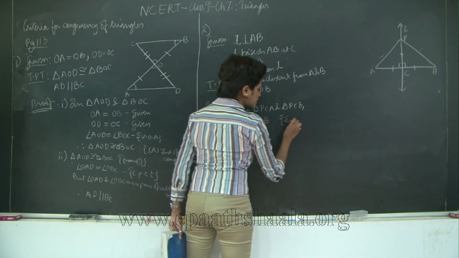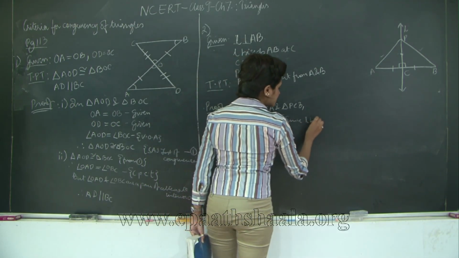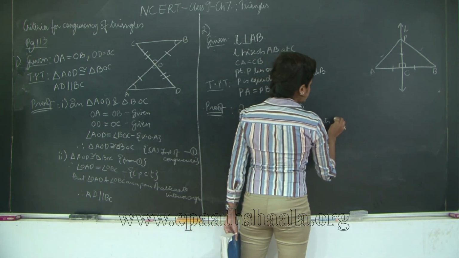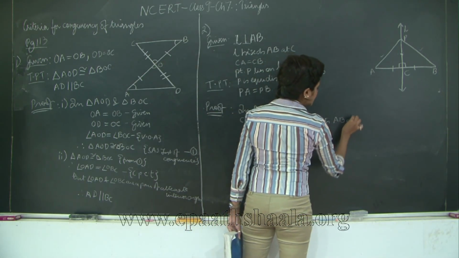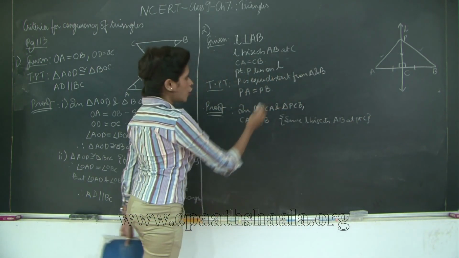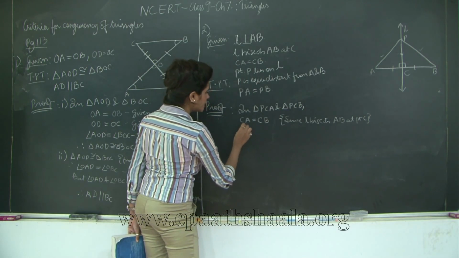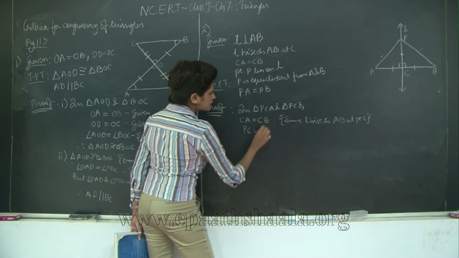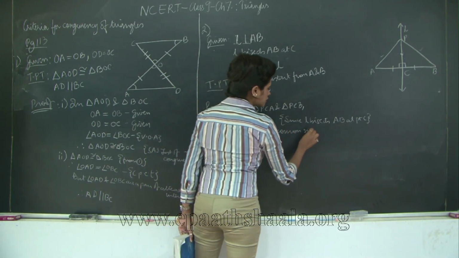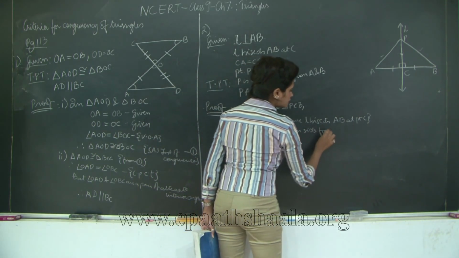Why? Since L bisects AB at point C. Correct? Also, what do I have? I have PC is the common side for both triangles.